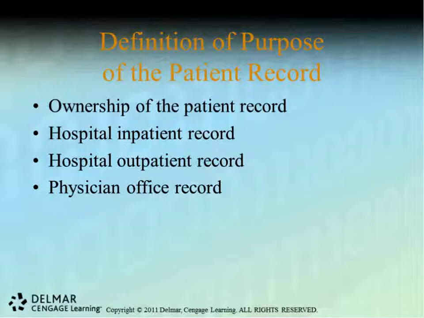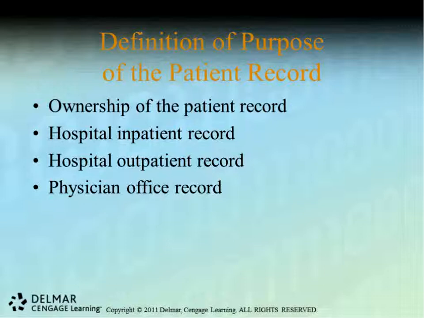It's going to be quite larger than your outpatient records, simply because patient stays tend to be longer and more detailed, and the type of condition they're being seen for is usually a lot more intensive. So you're going to see an average size be quite bigger than your outpatient.